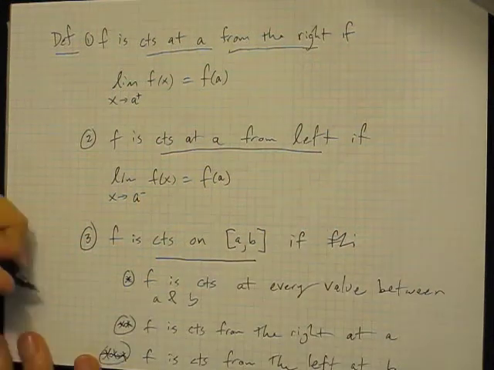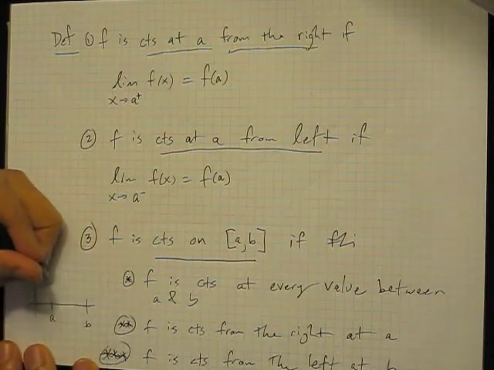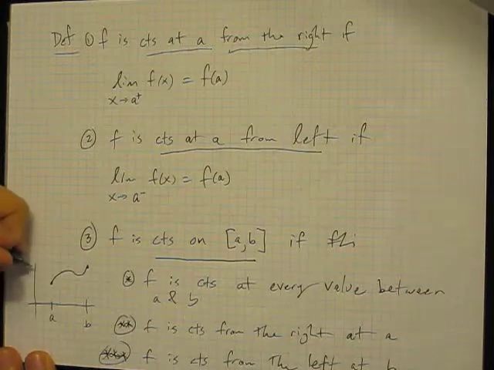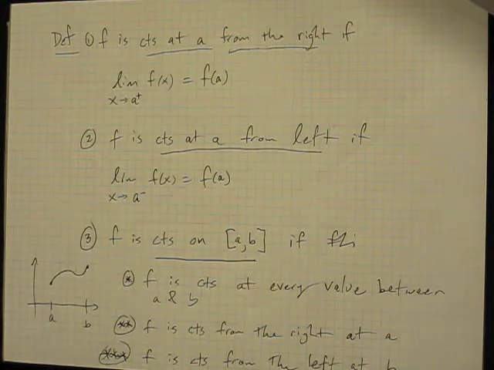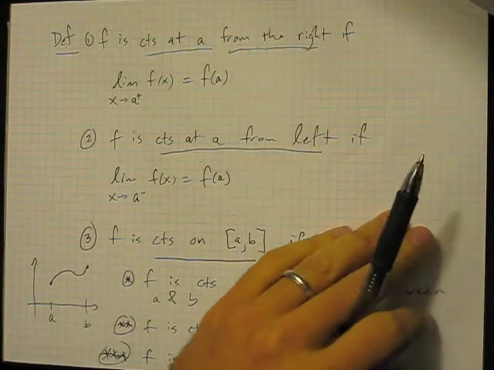Okay, so your picture here would be of something continuous. Let's say b. There we go. So there's the graph of a function. It's continuous at every value in between a and b, and then we can only approach from the right at a, and we can only approach from the left at b. So this is the definition of continuous on an interval.